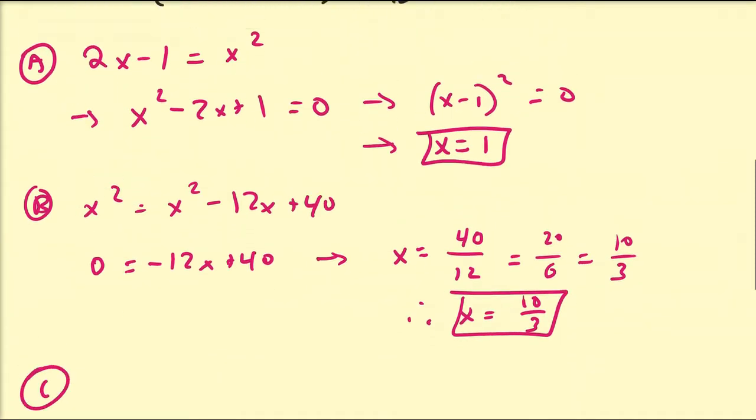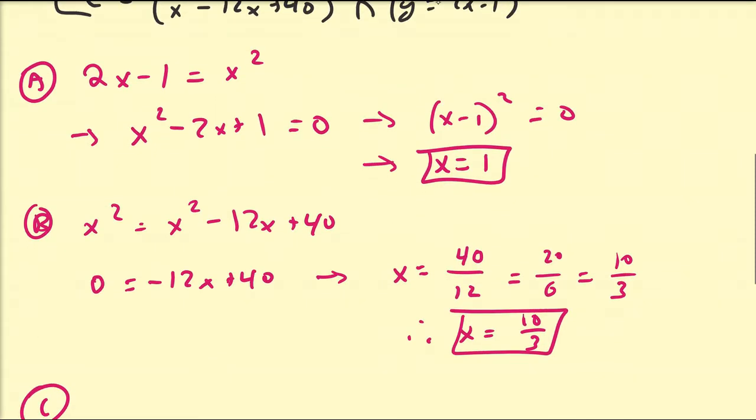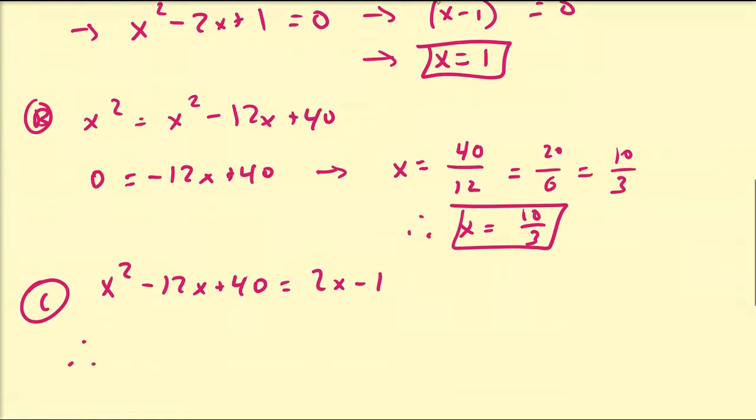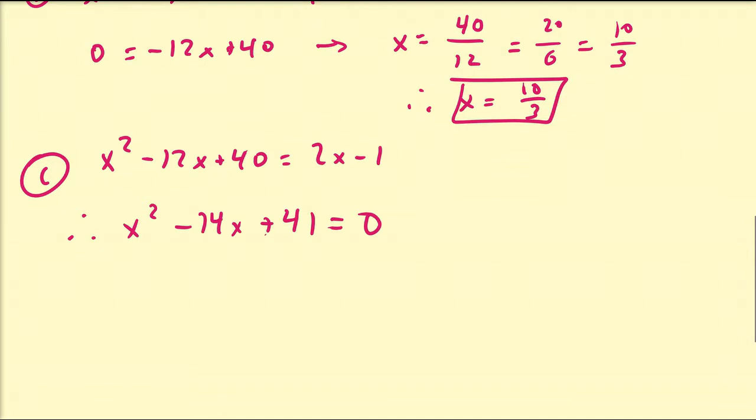And C. So when is x squared minus 12x plus 40 equal to 2x minus 1? That means x squared minus 14x plus 41 must be equal to 0. We can use the quadratic equation for this, and there's going to be two values, right?